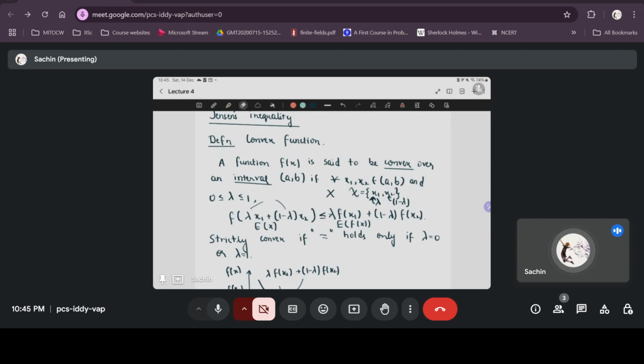So this is only defined over 2 points, x1 and x2. Jensen's inequality is defined over n points.